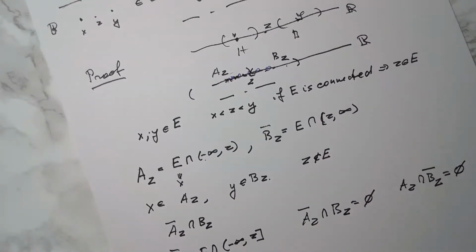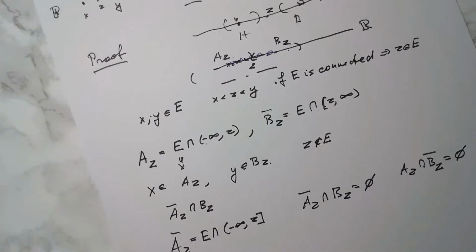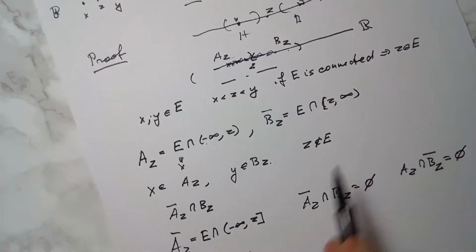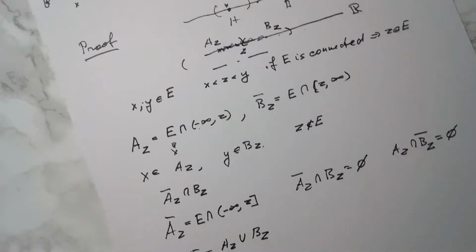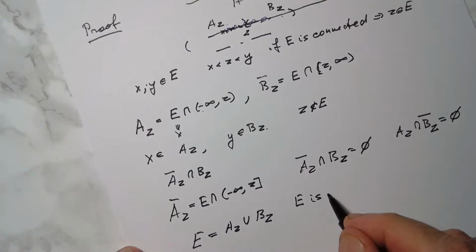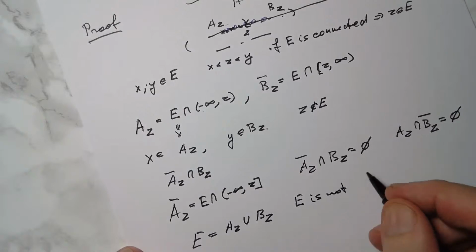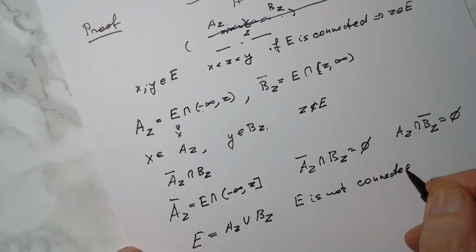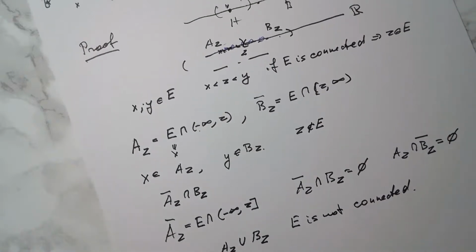And so since the set E is equal to those elements of E which are between minus infinity and Z, union with those elements which are between Z and infinity. Remember, Z does not belong to the set E. That means that E is not connected. And we have a contradiction.